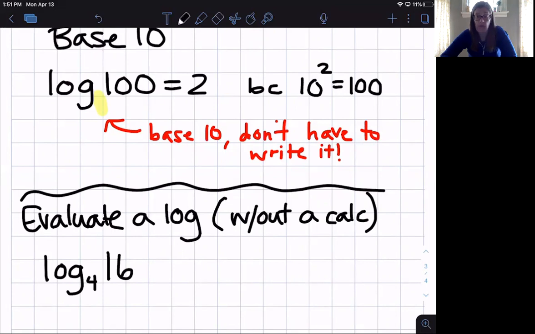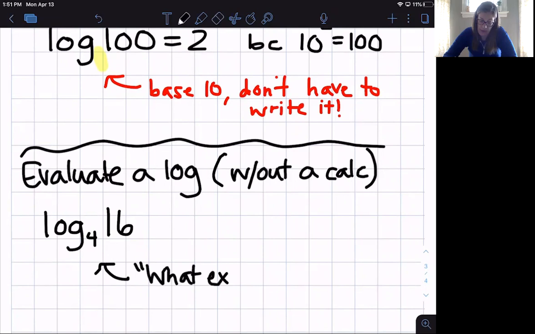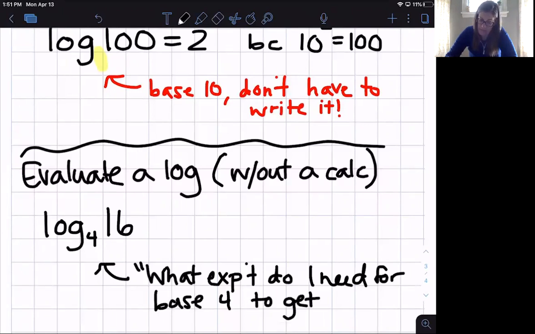Okay. Now remember, don't get overwhelmed by the notation of this. This is a fancy way for us to say, what exponent do I need for base 4 to get 16? So you're thinking about that in your head.